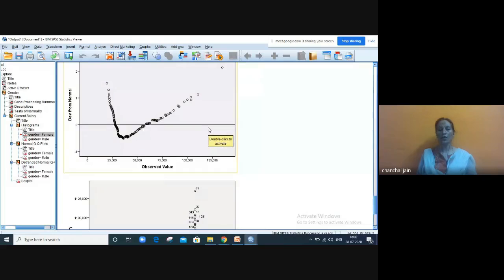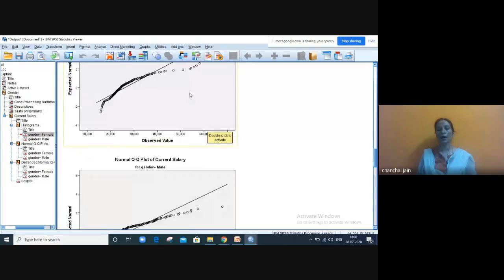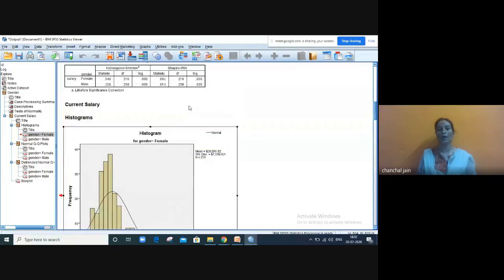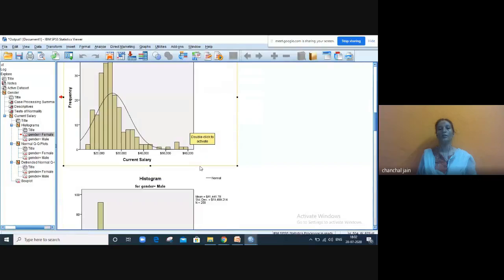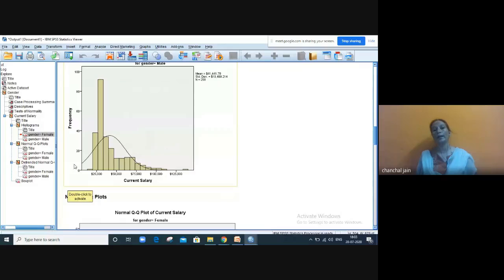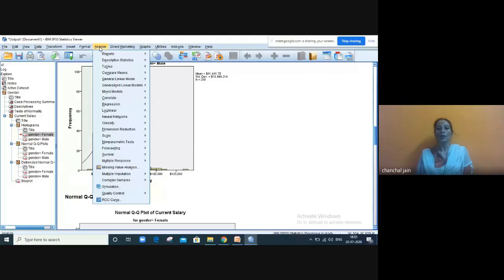So for the sake of demo, even when all the main assumptions of the independent sample t-test are violated by the dependent variable, even then I'm going to perform the independent sample t-test for the sake of demo only. So I'm going to the Analyze menu. Then I'm selecting the Compare Means option.